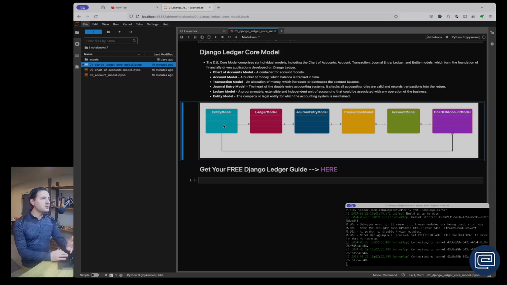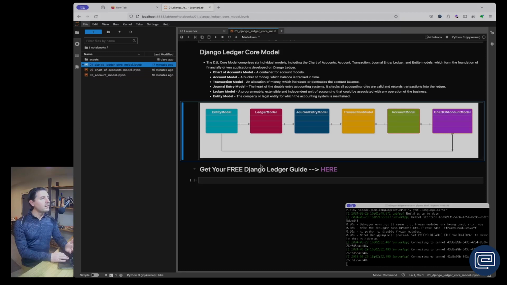Finally, we will get to the entity model, which is the company or legal entity for which the accounting system is maintained. Within Django Ledger, you can maintain multiple entity models. Each entity model will need to have an administrator and can optionally have additional managers.